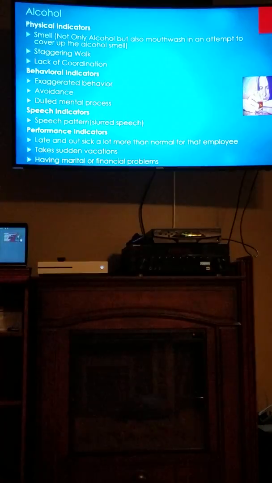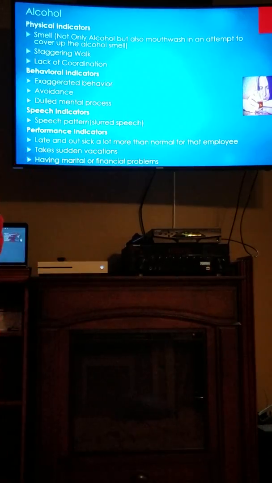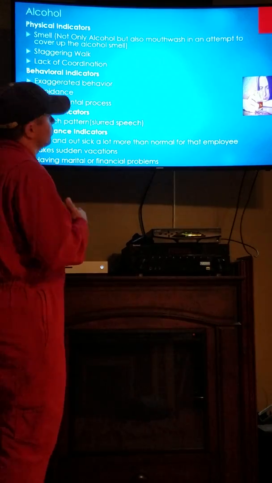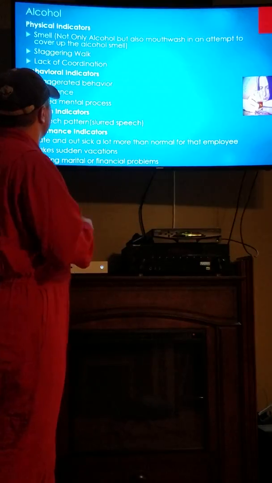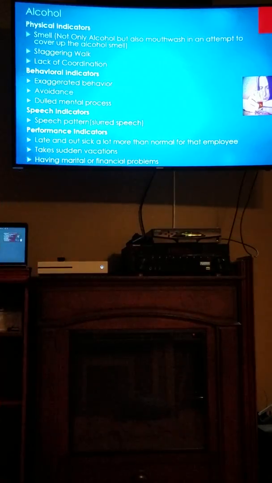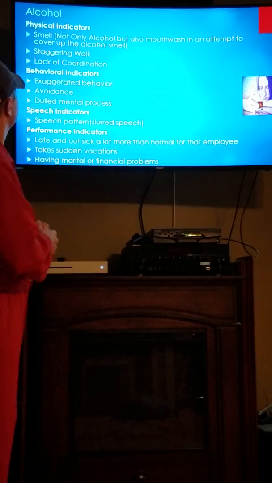So the first one that we're going to cover is alcohol. Physical indicators: the smell, not only alcohol, but also mouthwash in an attempt to cover up that alcohol smell. Want to be looking out for that. A staggering walk, lack of coordination.